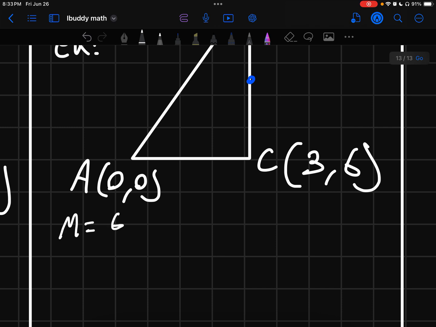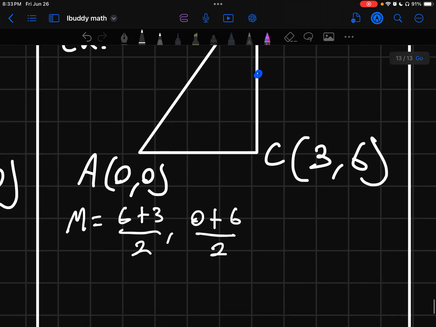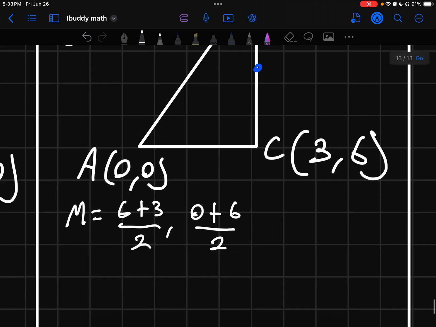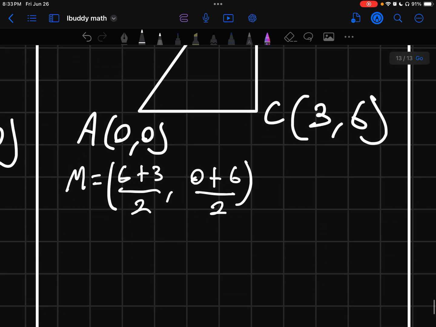That is equal to 6 plus 3 over 2 and 0 plus 6 over 2. So that is equal to 9/2, 3.